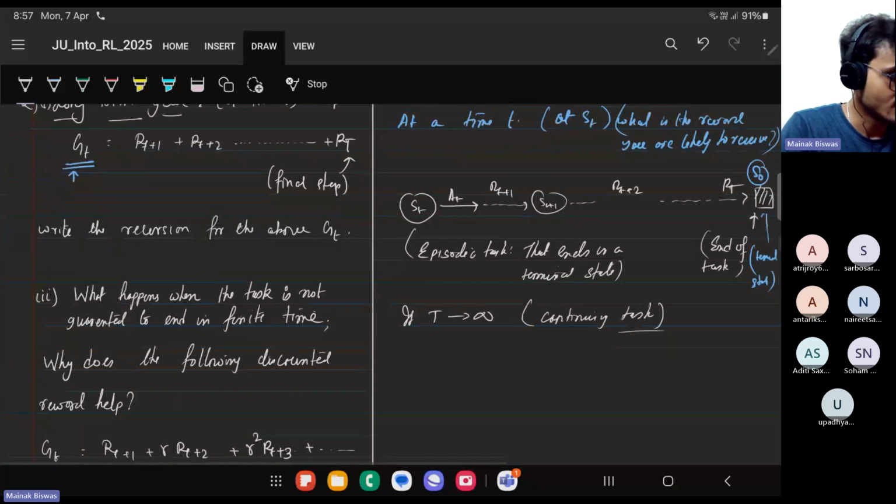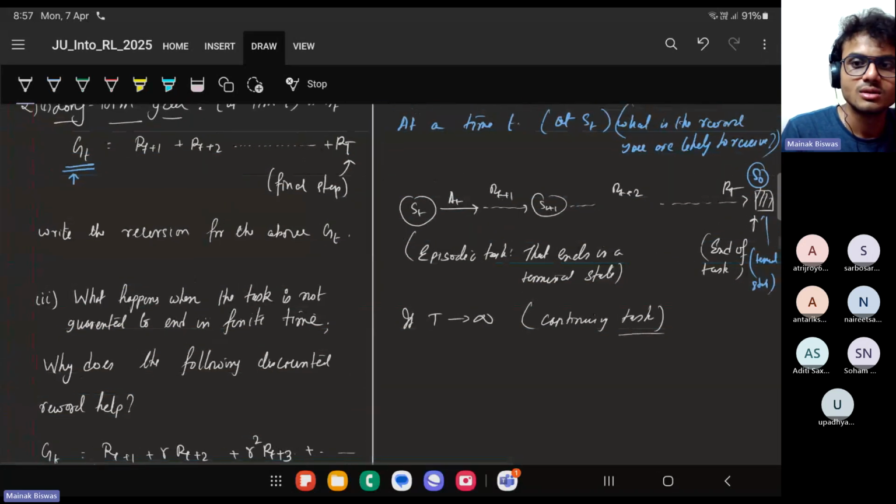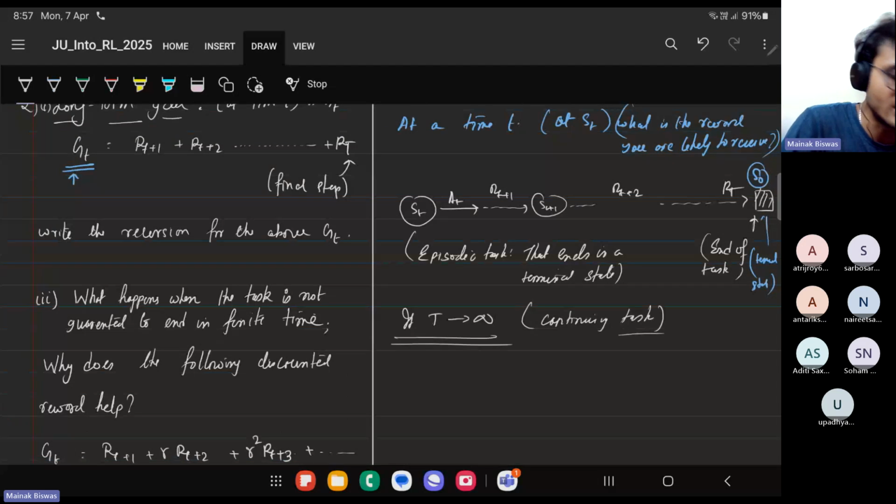I don't know why you can't see my screen. Can you see the thing that I wrote? Yes, visible. Okay, I hope you can see. I can't see that T tends to infinity.